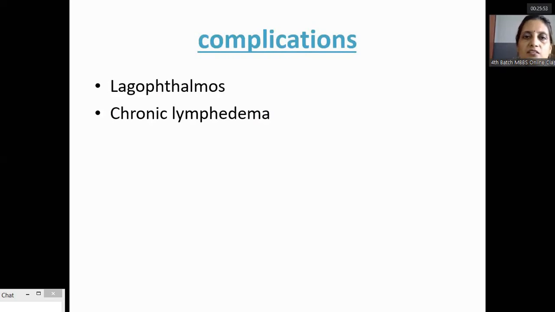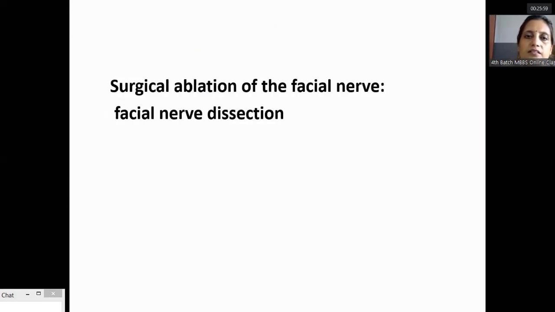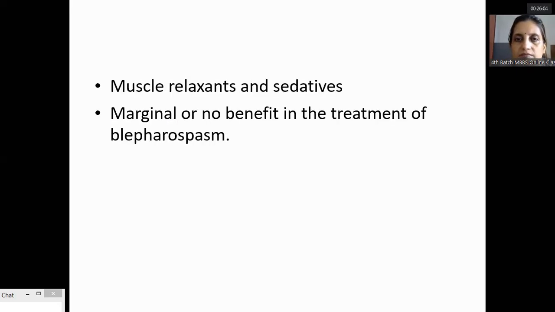Complications here again are lagophthalmos and chronic lymphedema. Then there is surgical ablation of the facial nerve, that is facial nerve dissection. Others are muscle relaxants and sedatives, which are of no benefit in the treatment of blepharospasm.